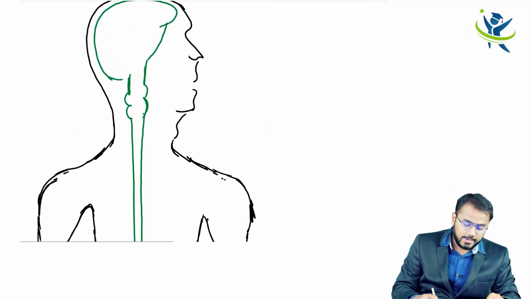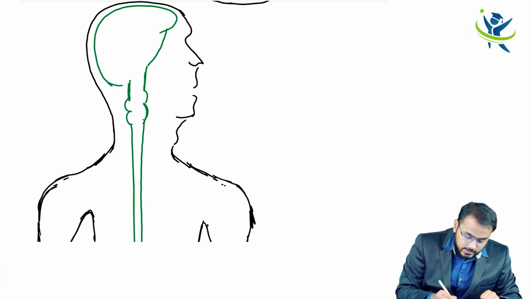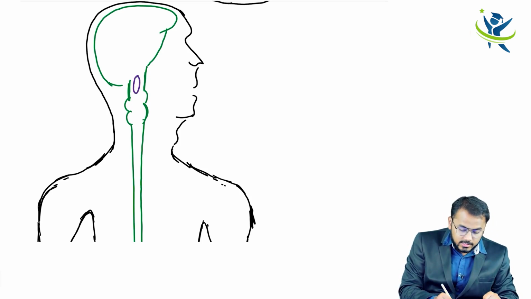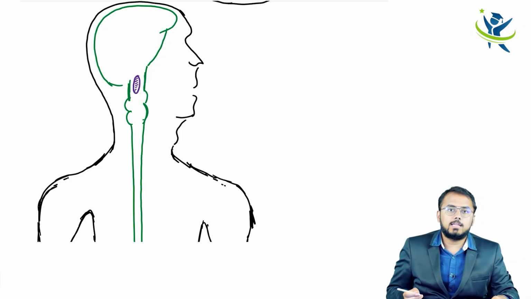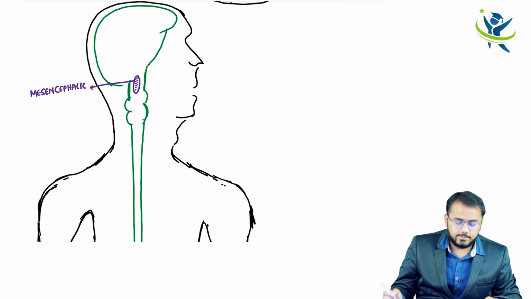Now here, there are a few important things you need to know. What are these few important things? Here you have a nucleus in the midbrain, called the mesencephalic nucleus.